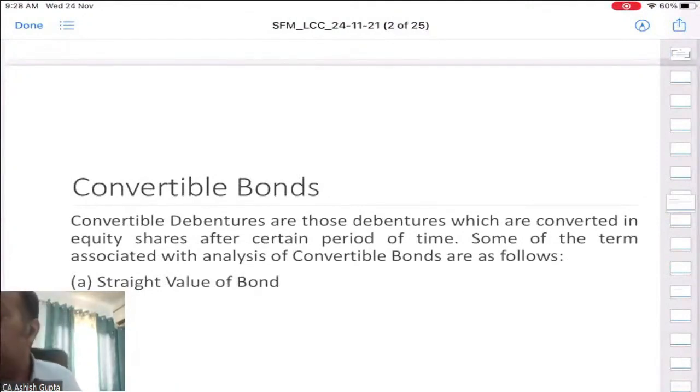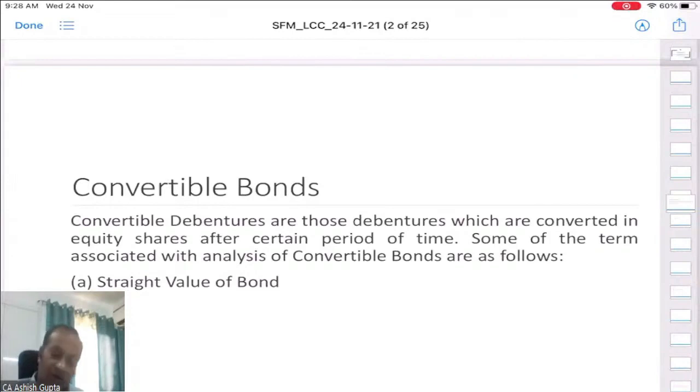Please read the slide carefully. Now, student, when we talk about the convertible bonds, basically convertible bonds mean after a certain period of time, they are converted into the equity share.